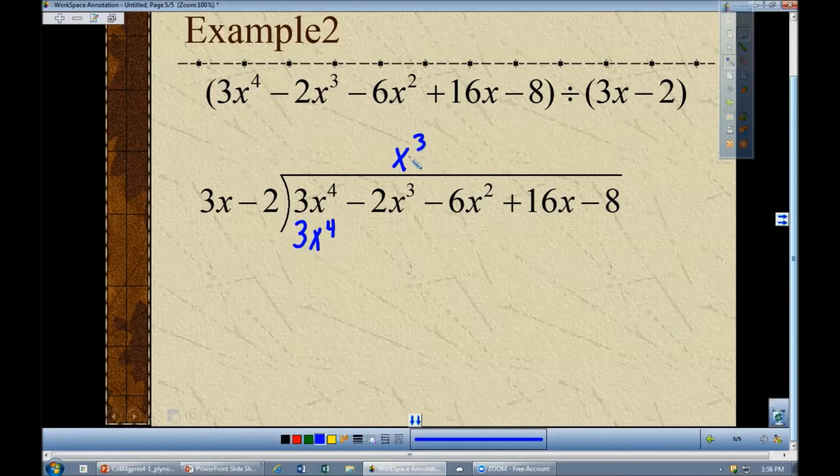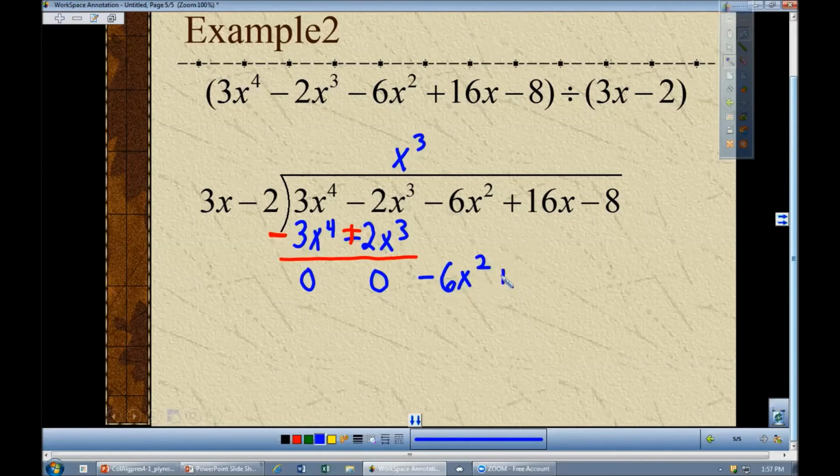But I'm going to distribute x cubed also times negative 2 is negative 2x cubed. Well, when I draw the line and change the signs, this is going to be 0, and this is going to be 0. So I guess I'm ready to bring down a negative 6x squared.